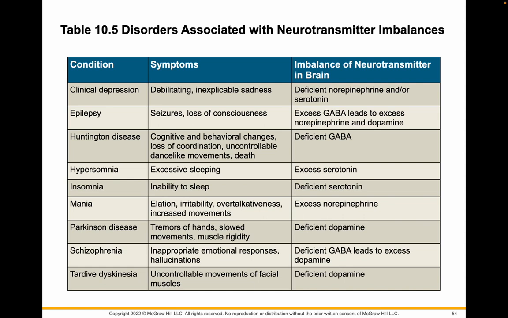And it made me so sick, so we're going to try something else. Manic, being a maniac. Am I one of those? Over-talkativeness, irritability. That might be me. Just kidding. Well, maybe not. Parkinson's disease, schizophrenia, and tardive dyskinesia.